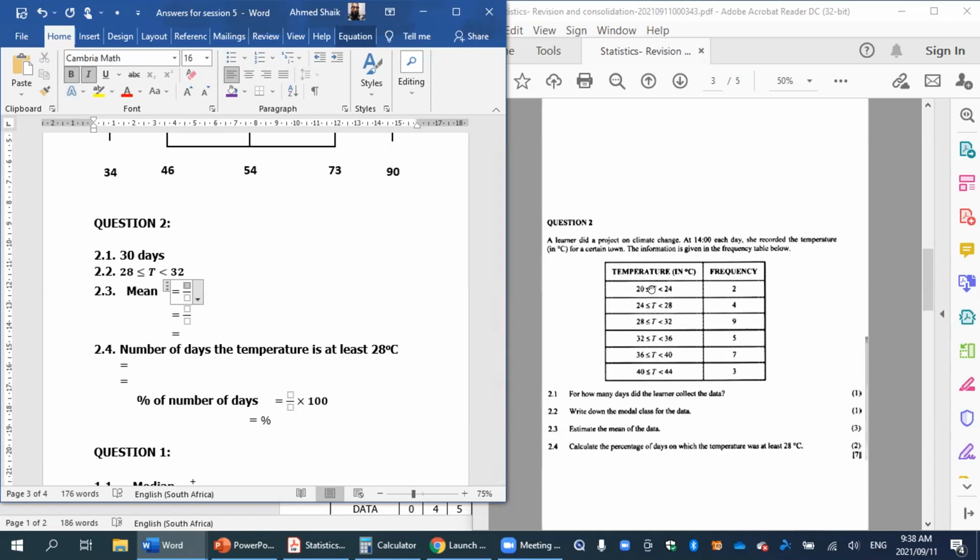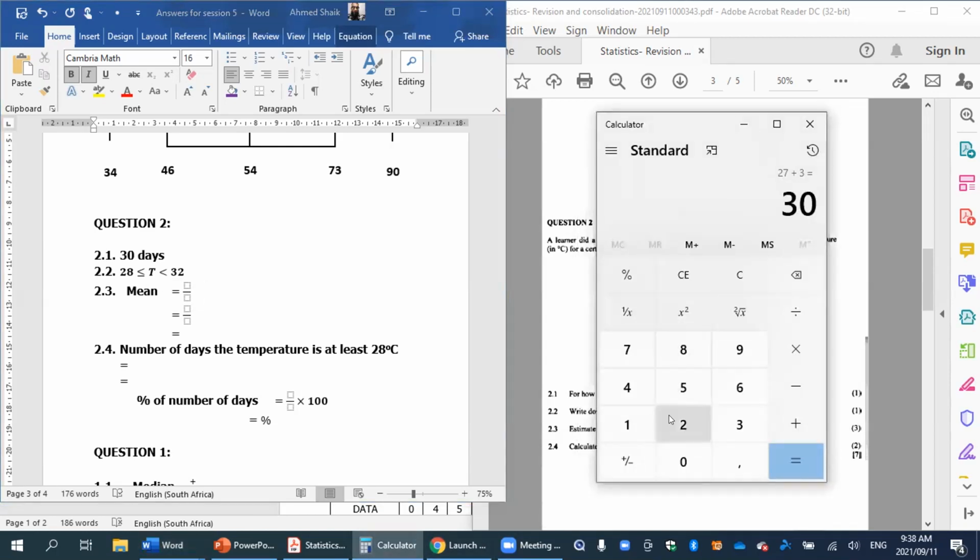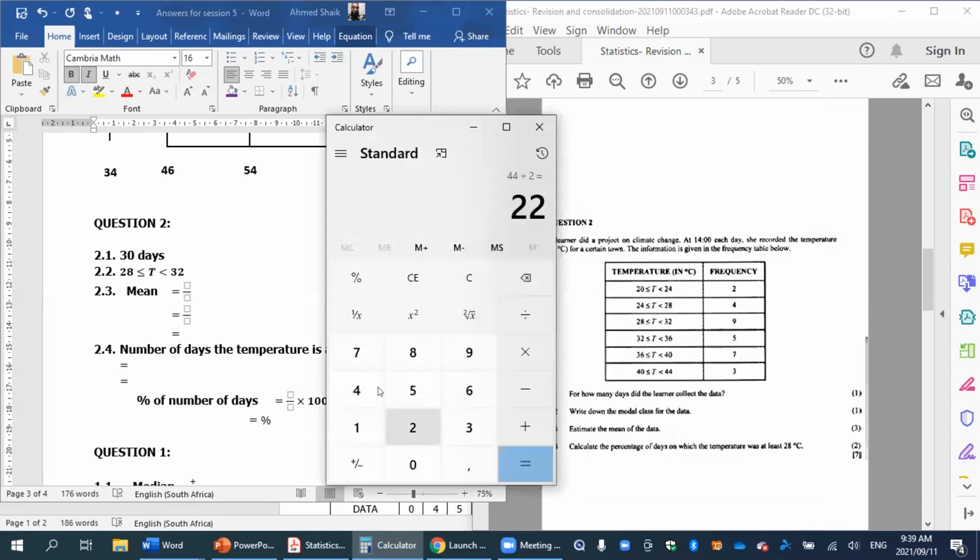So if we have to work out our midpoint of 20 to 24, let's do that, 20 plus 24 divided by 2, and that gives us a midpoint of 22. And we can calculate this one time because we already know our frequency for that interval is 2. So it will be 22 times 2, and that equals 44.